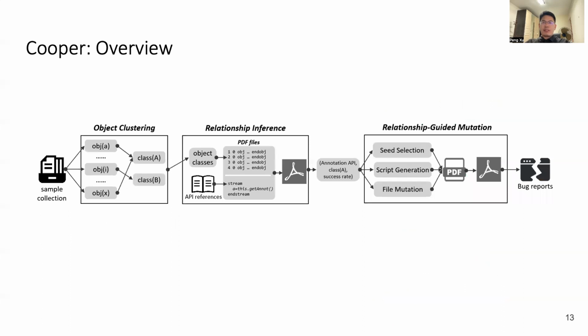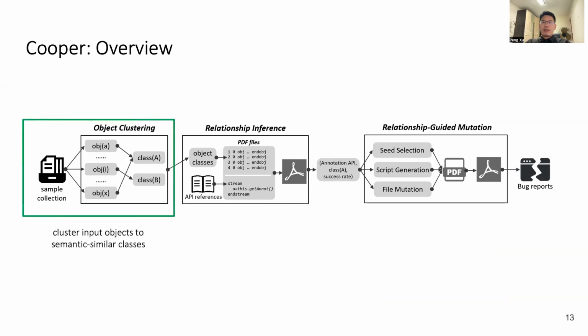This figure presents an overview of our solution. It has 3 components. The first component is object clustering. It clusters a large number of native objects into a small number of object classes according to their semantic features. Once we have the object classes, we need to infer the relationship between object classes and the script API.